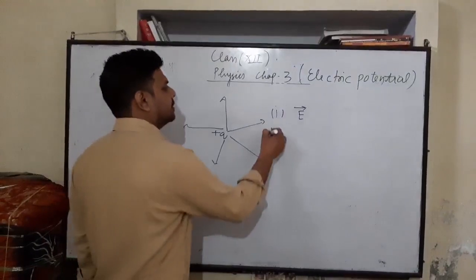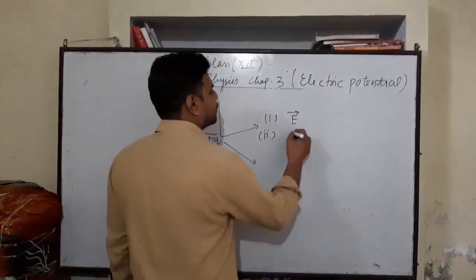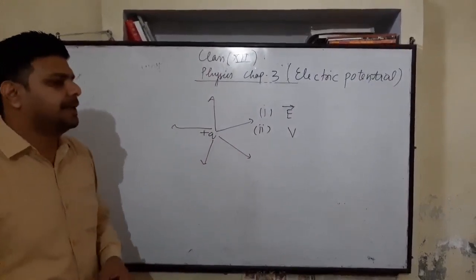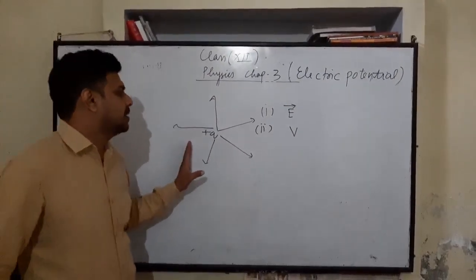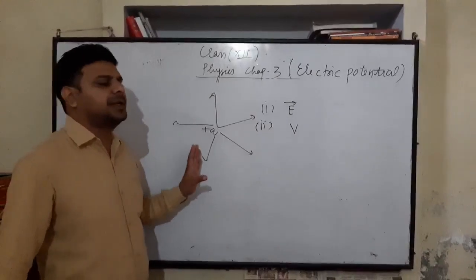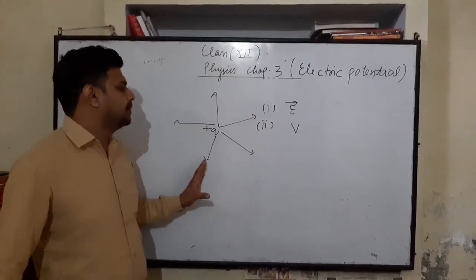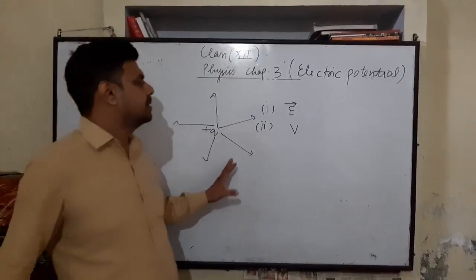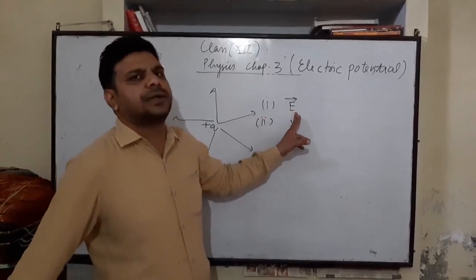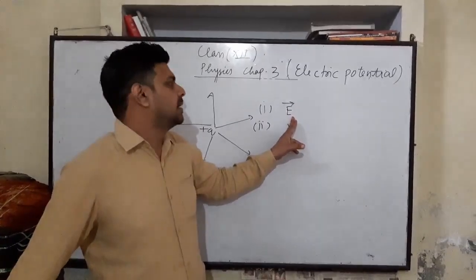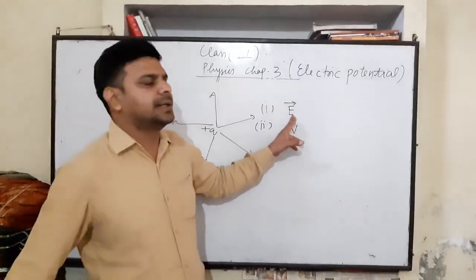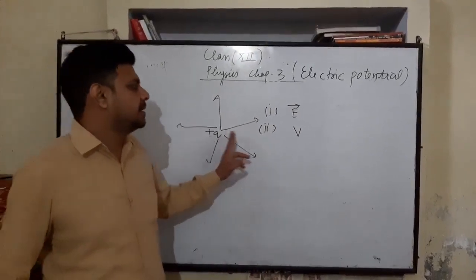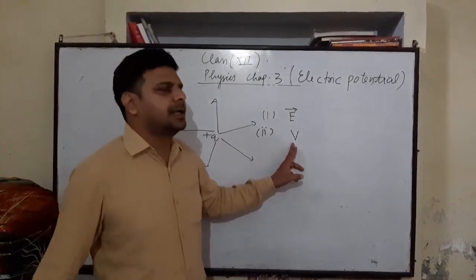And second is electric potential, this is V. If we want to tell about the electric field at any point produced by a point charge, we use two parameters: first, the intensity of the electric field at the point at which we want to calculate the effect of the electric field of this charge, and another parameter is electric potential.